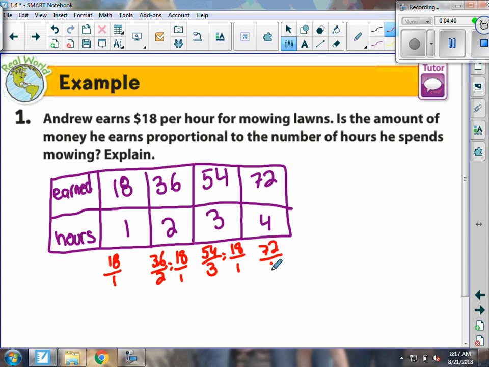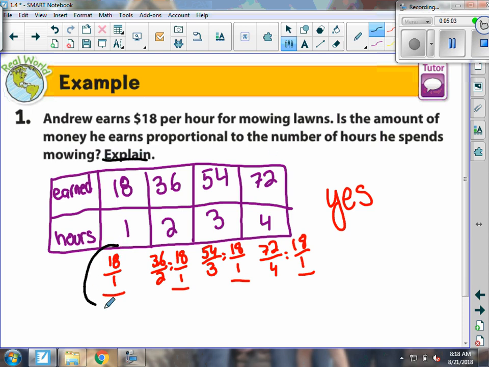And 72 over 4 can be simplified to 18 over 1. Okay. So now we look at our simplified fractions. Are they equivalent? Yes, they are. So is the amount of money he earns proportional? Yes, it is. It says explain.